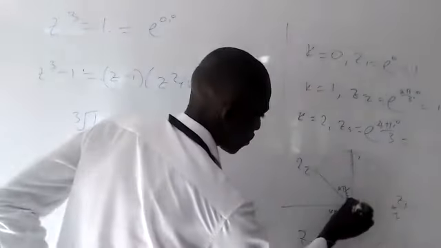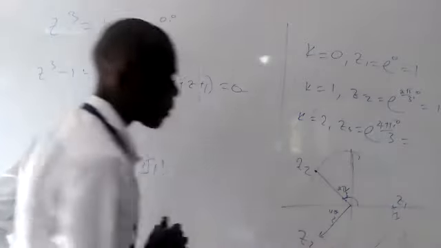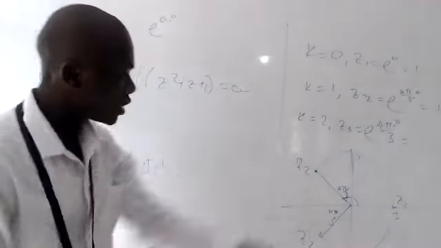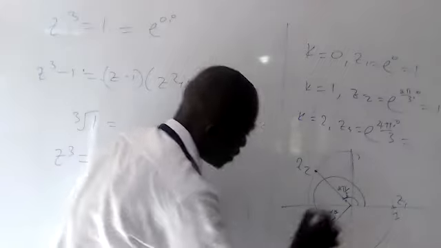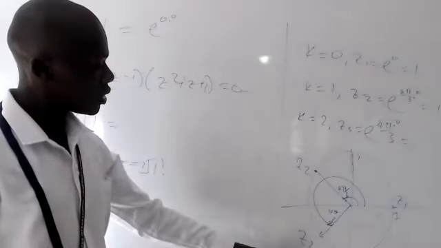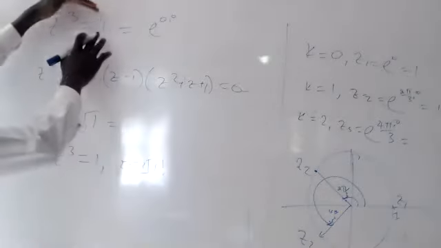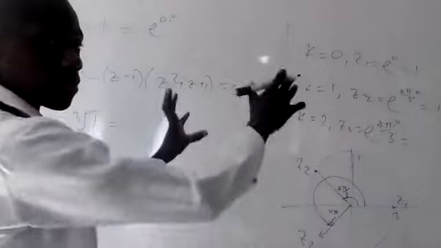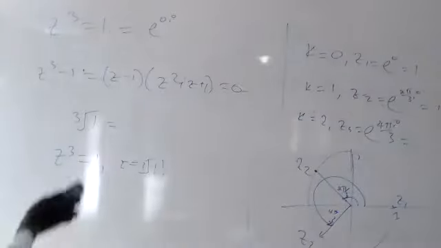So I measured 120 degrees and marked it there. Then the third one is when the angle is 240 degrees, so I measure 240 degrees and locate it on this circle. I've used a unit circle because the absolute value of this is 1, so the radius of my circle is 1. Well, thank you.